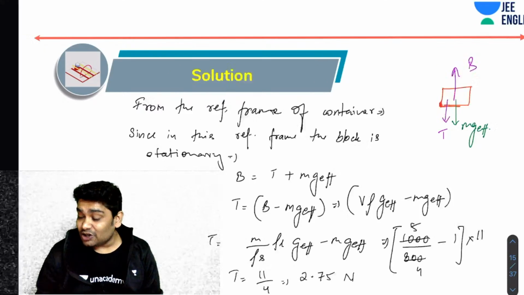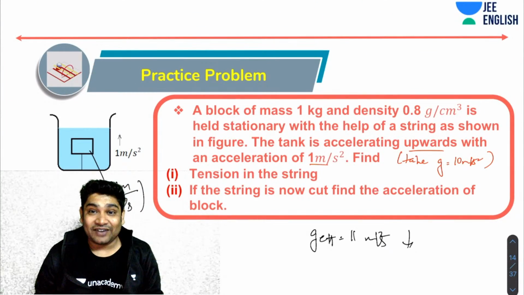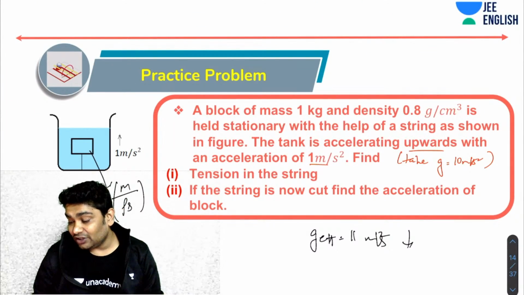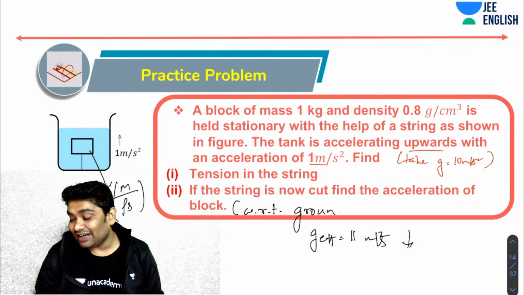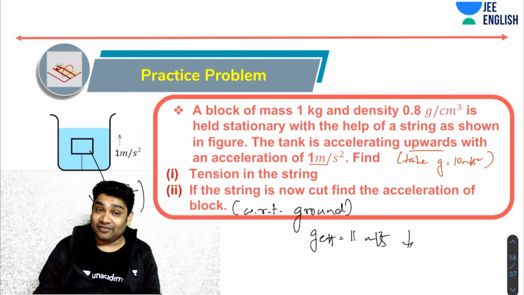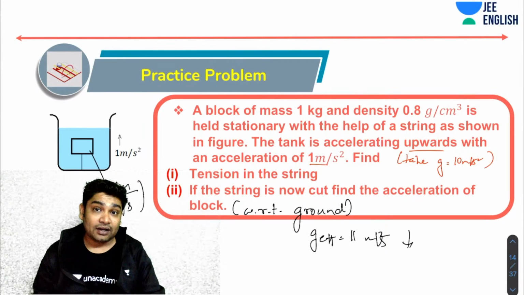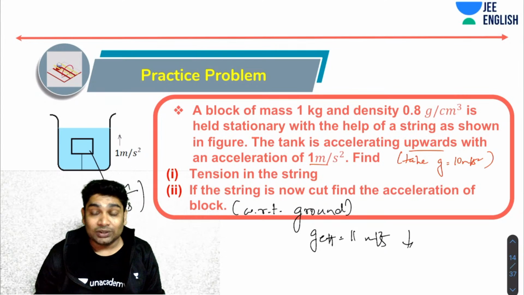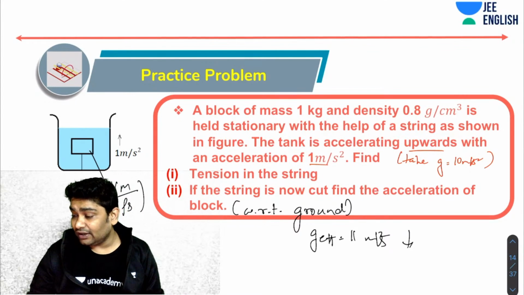The second part of the problem asks, if the string is now cut, find out the acceleration of the block with respect to ground. By default that is what we assume: if nothing has been mentioned, I'll assume I'm asked for the acceleration of the block with respect to the ground. So how do I find that?